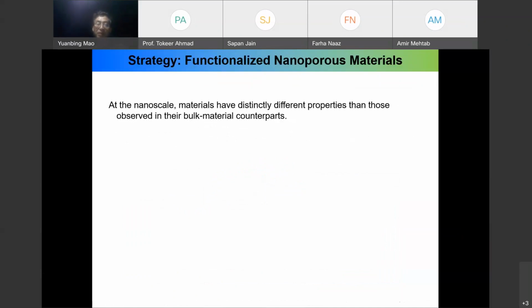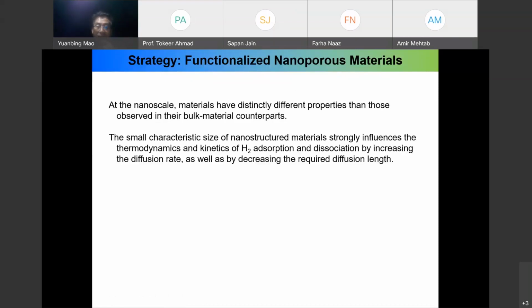The strategy we explored in the past is to use nanoporous materials. And also one technique I want to show you is, can we functionalize those nanopores? I will show you one strategy like that. First, when materials are at the nanoscale, they have distinctly different properties than those observed in their bulk material counterparts.